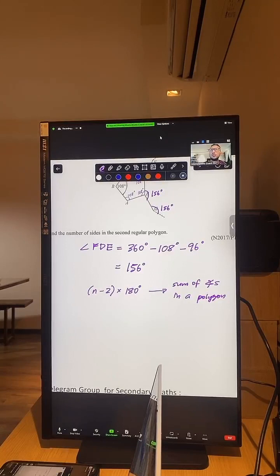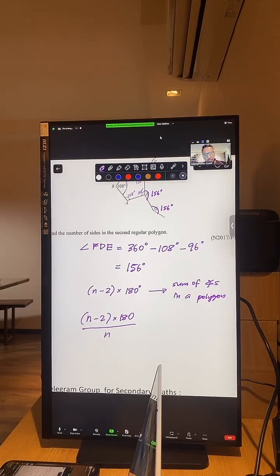Now, because for a regular polygon each angle will be the same, if I wanted to find one angle of my regular polygon, I take n minus 2 times 180 and divide it by n, n being the number of sides.